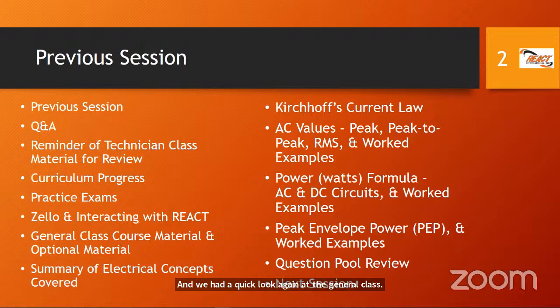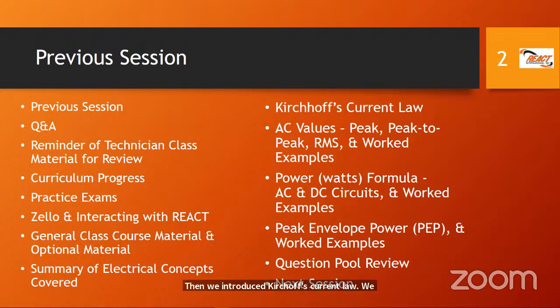We then summarized the electrical concepts that we had covered so that we have a relative view of some of the topics and the formulae related to the various electrical concepts. Then we introduced Kirchhoff's current law.